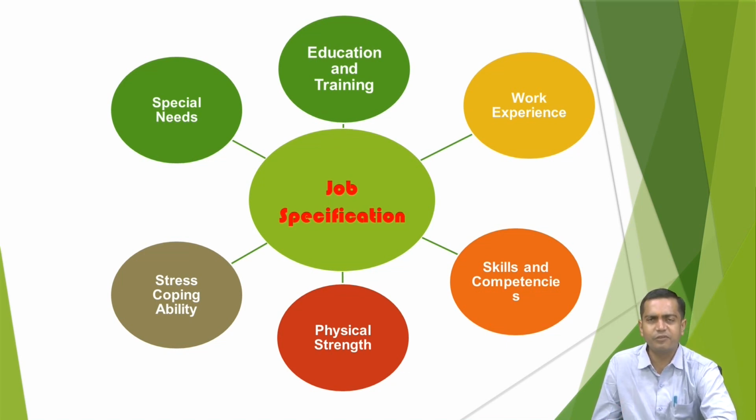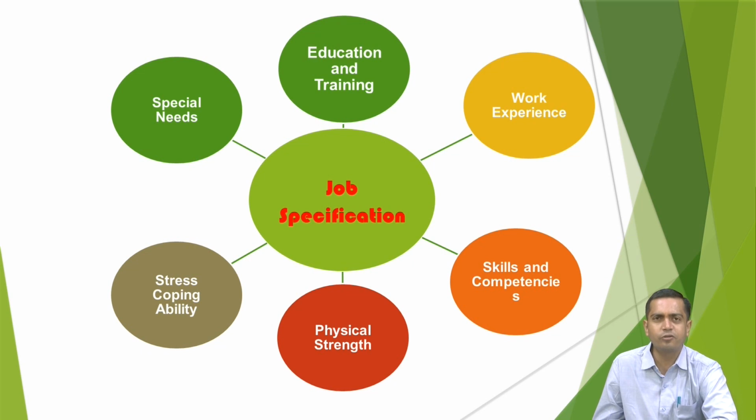Job description, which we have seen. Job specification is all about an individual, like whether he possesses a diploma or a degree, whether he has that particular skill. Like take your example, when you get this degree BBA, there are certain jobs where companies are expecting only BBA graduates.